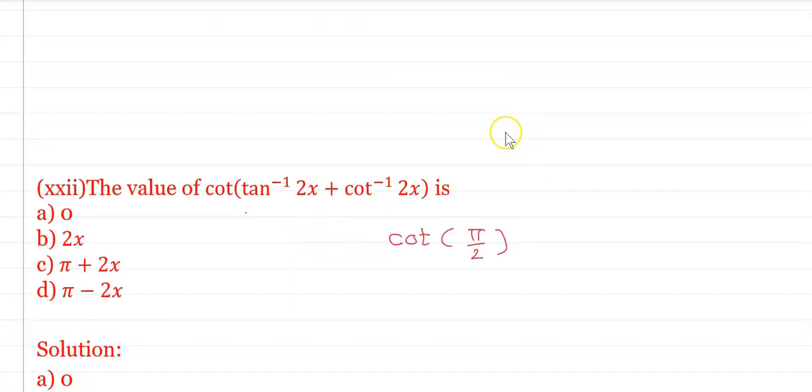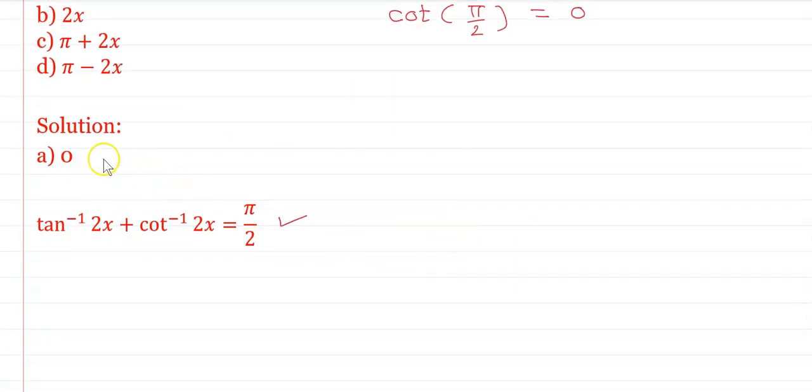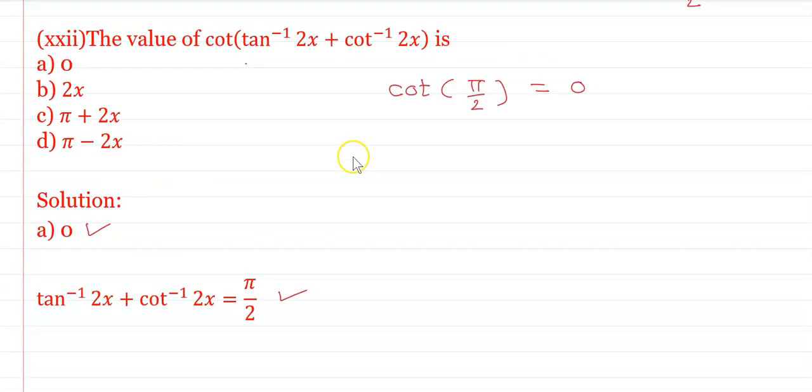So we have cot of pi by 2, and cot of pi by 2 is 0. And hence the option A is the correct one.